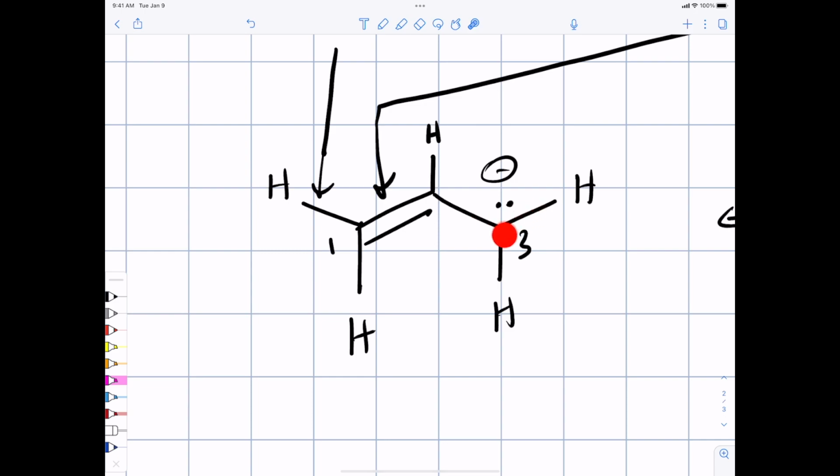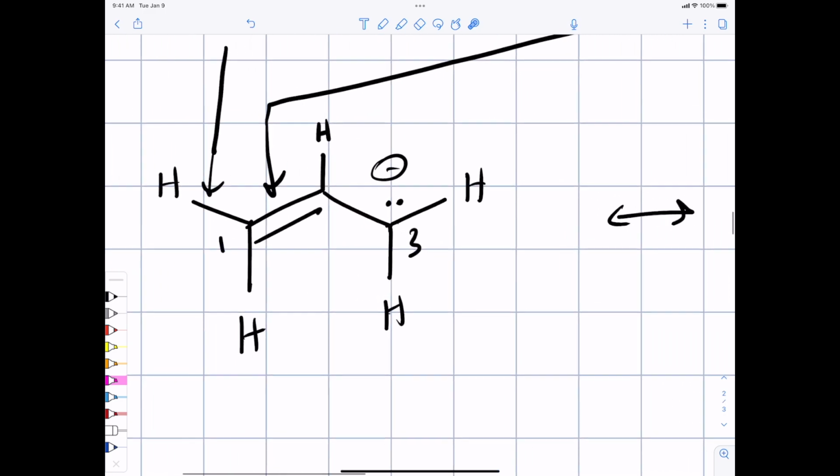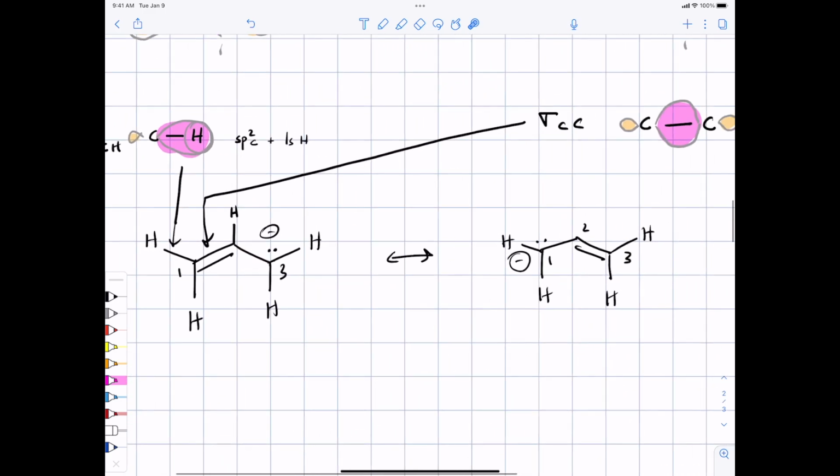Because it's surrounded by 4 groups, so you'd predict tetrahedral. All right. But resonance, the concept of resonance, tells you that there is a similar structure in which we can simply move these electrons over to make a pi bond, move these over to make a lone pair, and now the other one has the lone pair.